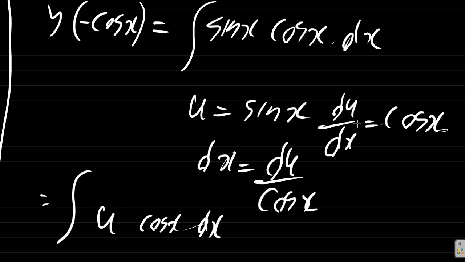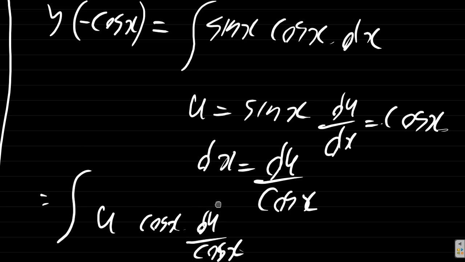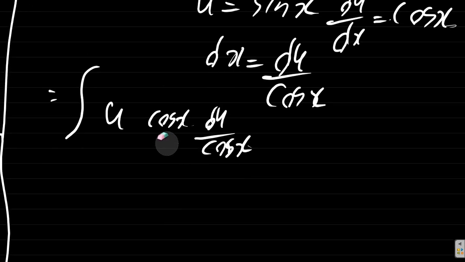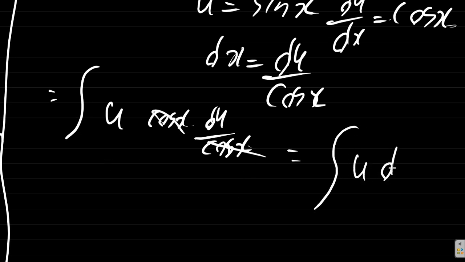What about the dx? dx is equal to du over cos x, so let's put du over cos x there instead. So notice what happens here now. Cos x cancels cos x. So the integral of u du is what we have, which is u squared over 2 plus c.